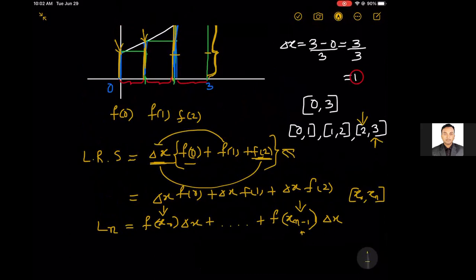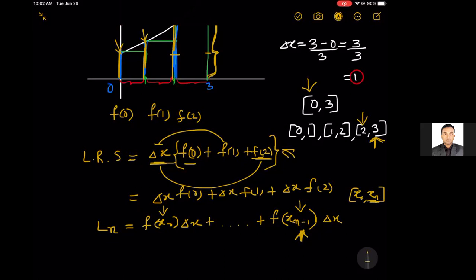Can you see that? We start from the left end point, but we don't really go to the right end point. We actually end before that. That's why it's n minus 1. If we have up to n, we need the functional value just before that, up to the previous one precisely.